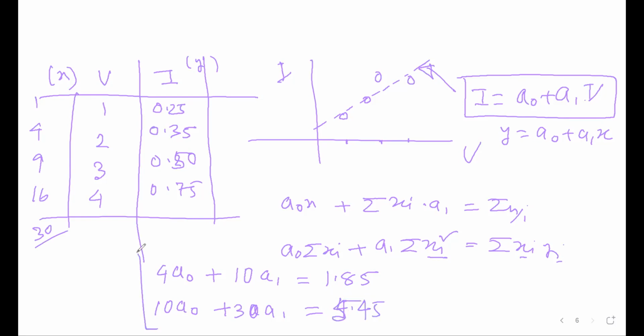Okay, fine. If you have these two equations now, can you solve for A1 and A0? Yes, sir. What is the value of A1? Sir, 0.05 is A0 and 0.165 is A1.